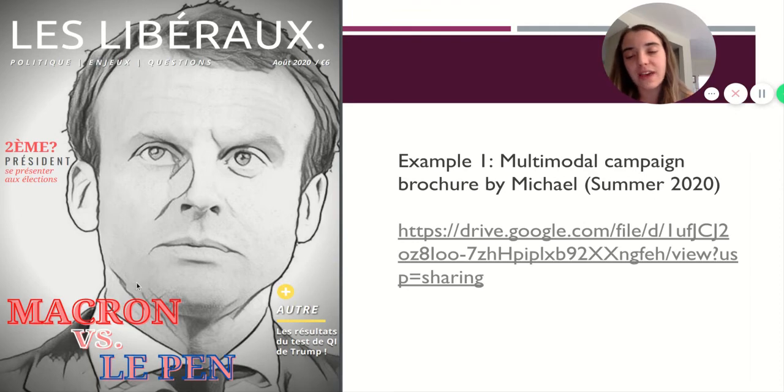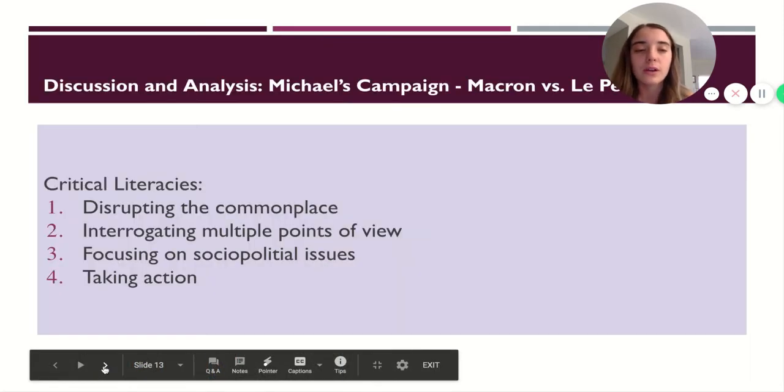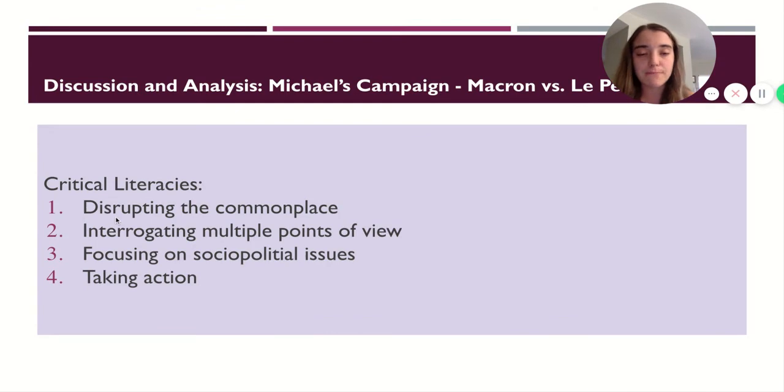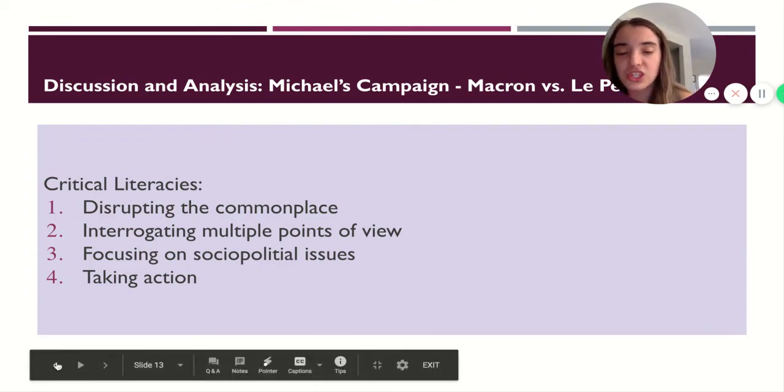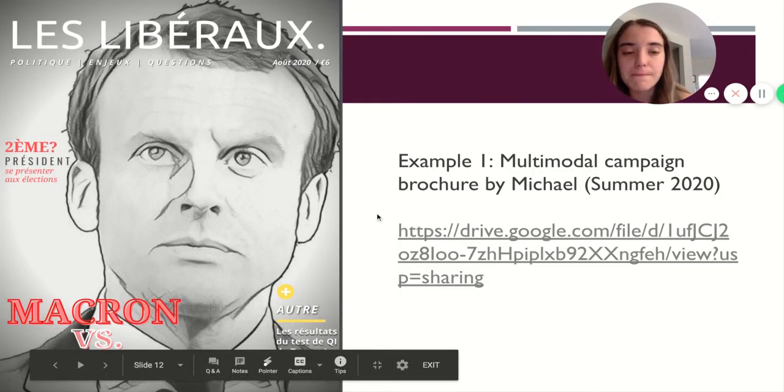Having a second election between Macron and Le Pen is also disrupting the commonplace. Interrogating multiple points of view, he's clearly doing, because he talks about these two candidates and different people's perspectives on them. Focusing on socio-political issues is a given.